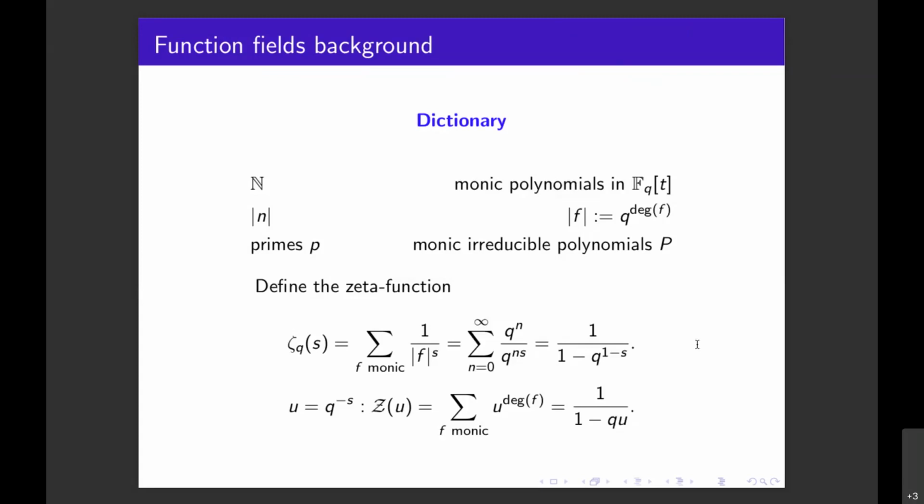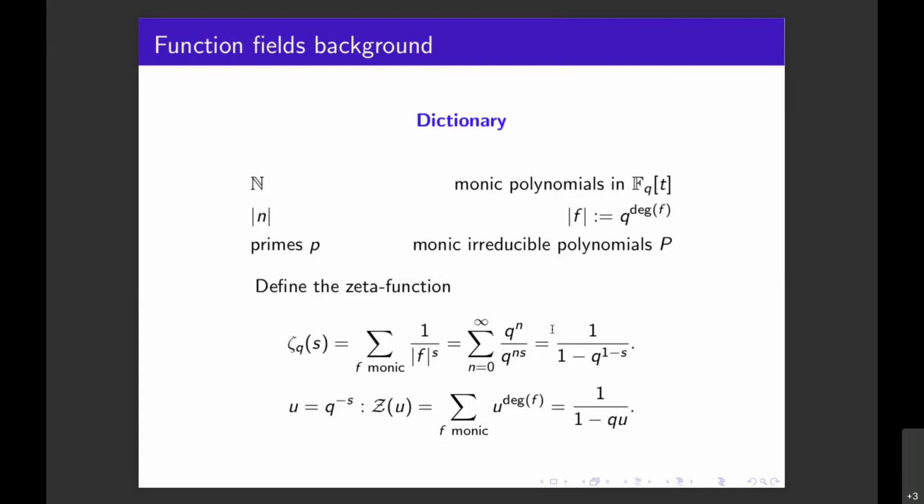And here we can actually compute the number of monic polynomials of a given degree. If I look at polynomials of degree n, there are exactly q to the n monics of degree n. So the zeta function just becomes a geometric series, and it turns out to be equal to 1 over 1 minus q to the 1 minus s. So it's pretty simple, and we have a simple pole at s equal to 1.